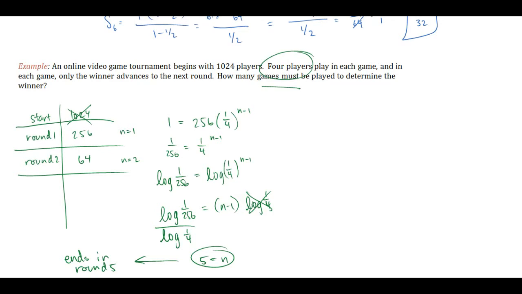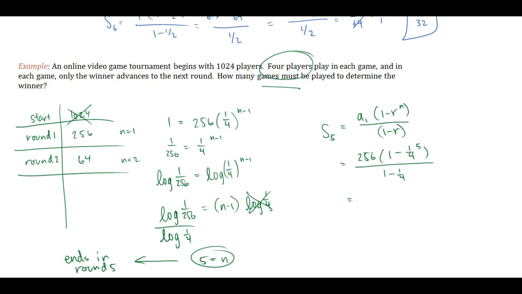To figure out how many games they played, all I got to do is sum this up. So I will do the sum of the first 5 rounds is the first term, 1 minus r to the n, over 1 minus r. So I got first term, 256, times 1 minus 1/4 to the 5th, all over 1 minus 1/4.